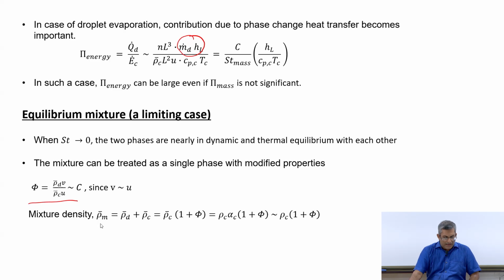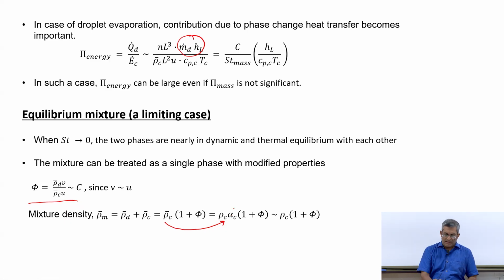and we can define the mixture density, for example, as, so this is the definition of mixture density, that is the bulk density of the carrier phase plus the dispersed phase, and we can express it like this. The bulk density of the carrier phase, we know, is equal to the material density times the volume fraction.